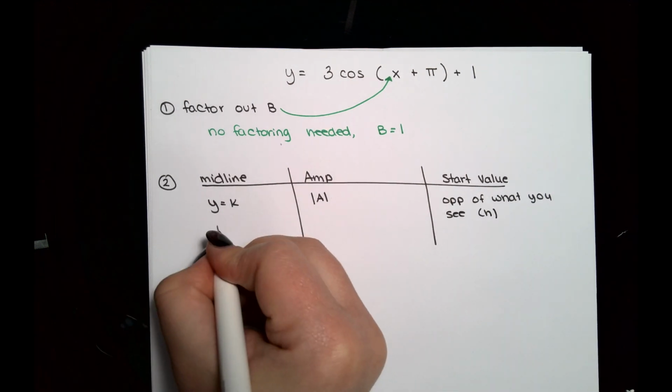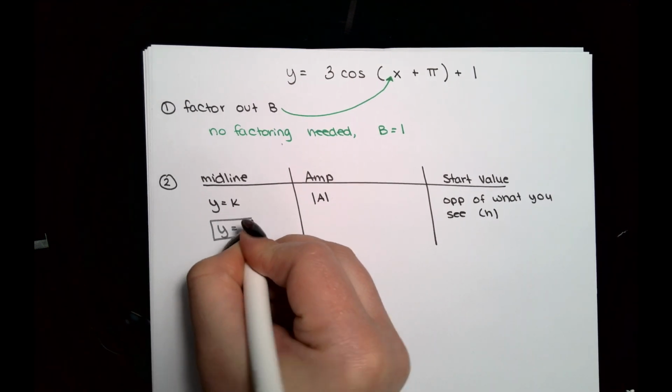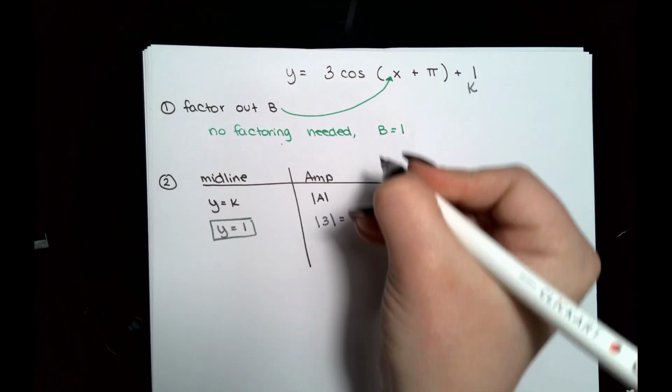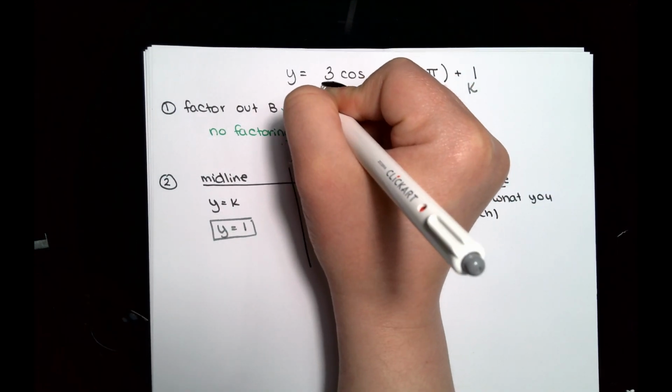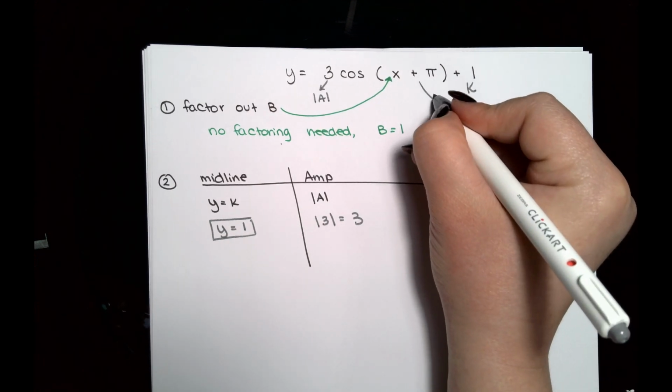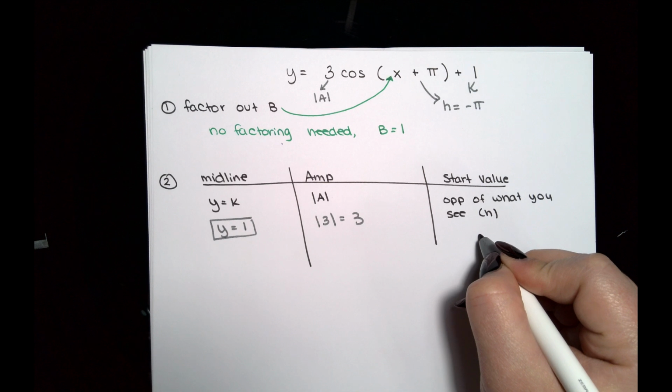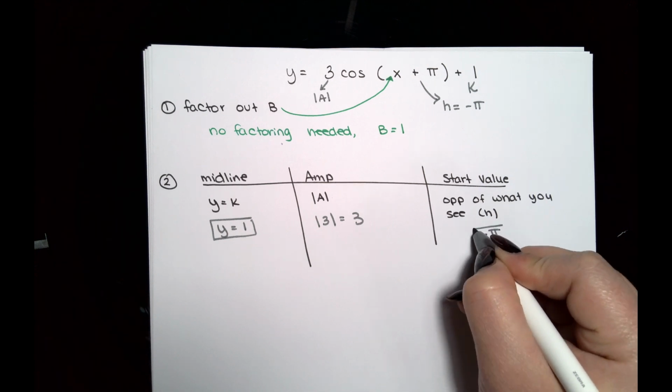We have y is equal to 1, your k value, amplitude is absolute value of 3, and opposite of what you see is negative pi.